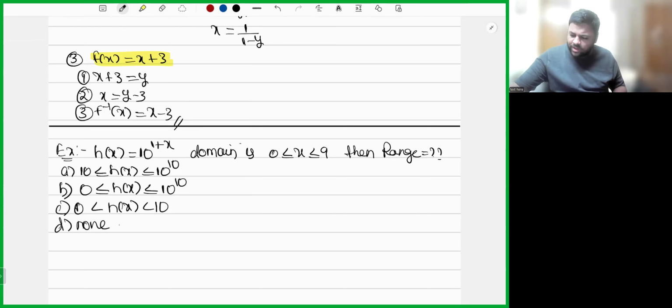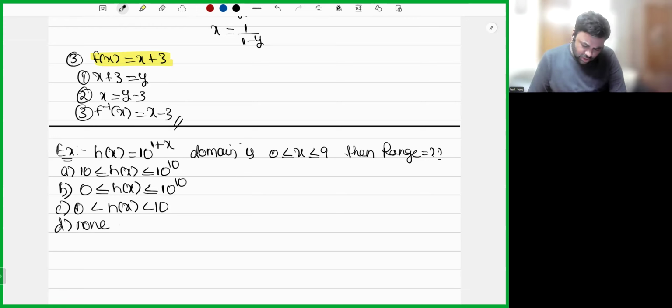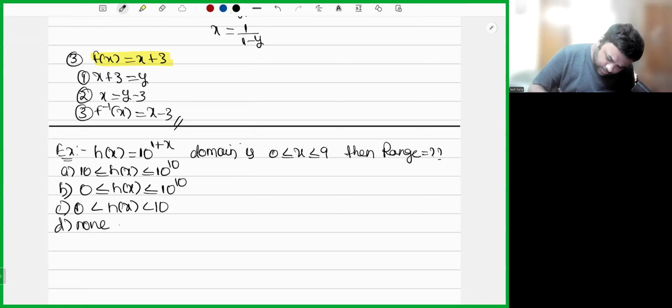First, instead of x, let us substitute 0. Yes, Yogita, perfect, the answer is option A. Instead of x, let me substitute 0. Instead of x, let me substitute 1. Let me substitute 2, and so on. Let me substitute 9.